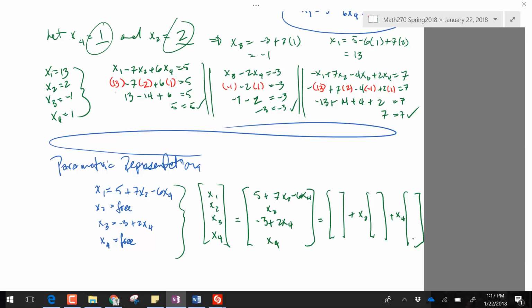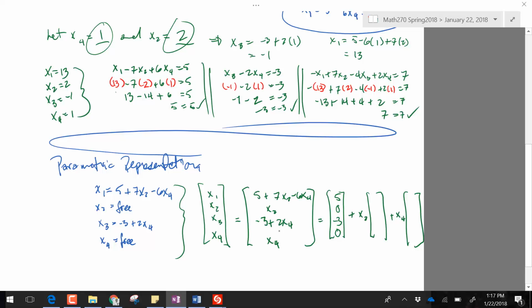Now, if I look at the constant terms of the vector, I see a 5. I don't see a constant term for the next one. There's a -3, and I don't see a constant term for the last one. So I can start off with a column matrix that has 5, 0, -3, 0.